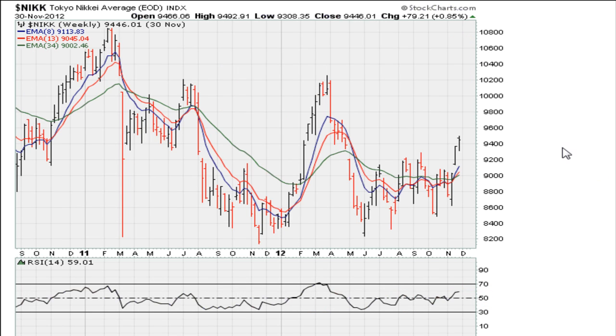Let's take a look at another market, and we're going to go back. Remember, you can use this on any instrument, so don't get too obsessed about what the market is or the trade. This is Japan, but you can use this on any market. Japan weekly 2012.